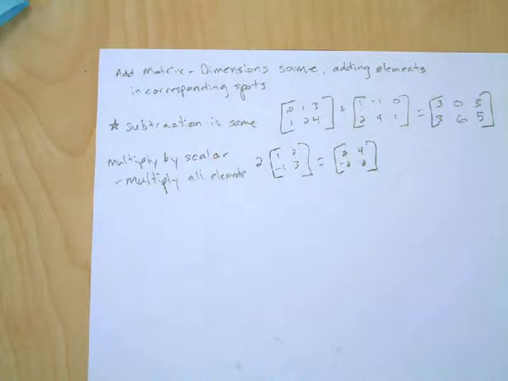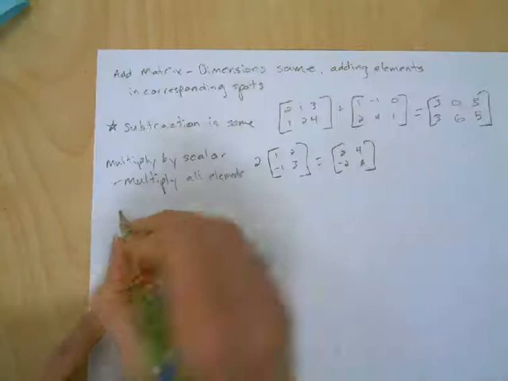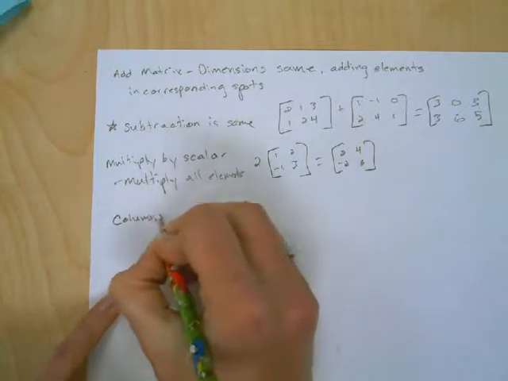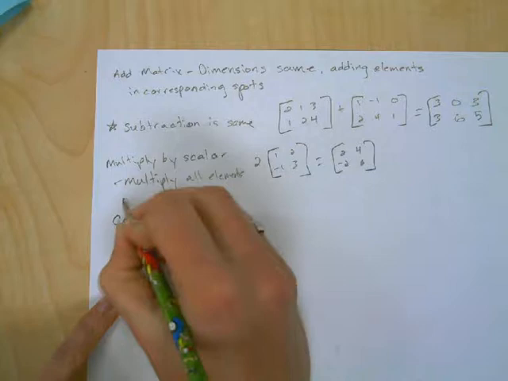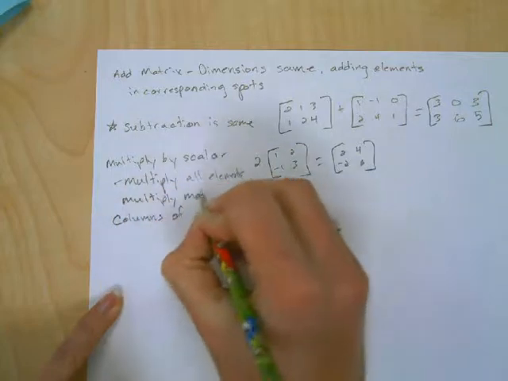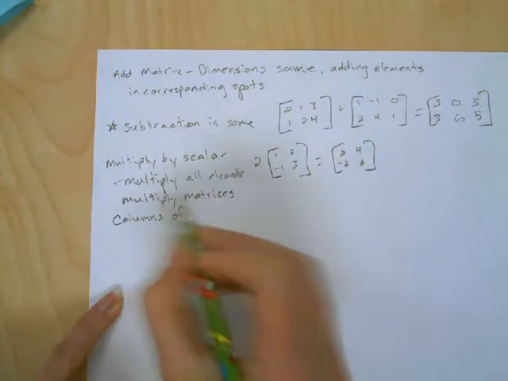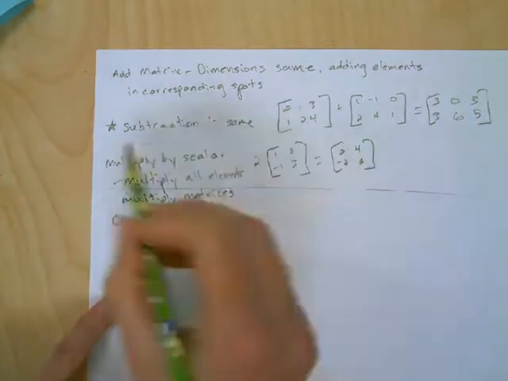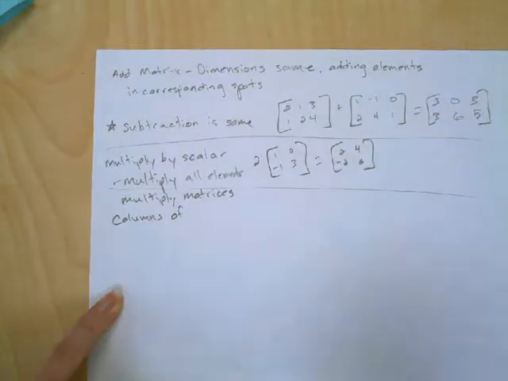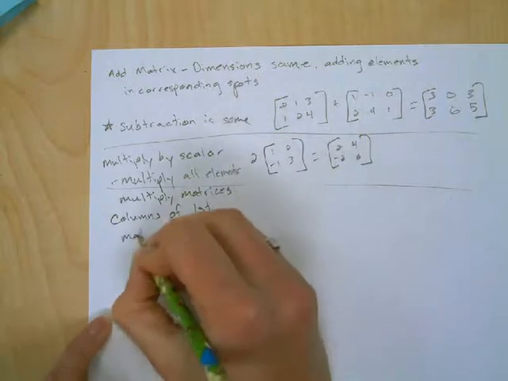Multiplying matrices together, a little bit different. We kind of talked about the fact that the columns of the first, this is multiplying matrices. So if I have two matrices that I'm trying to multiply together, columns of the first have to match the rows of the second.